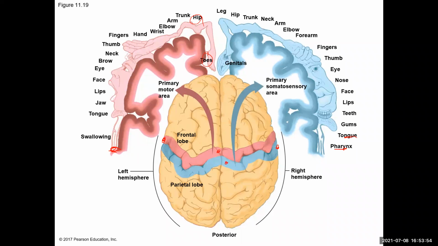And this area here is your leg, your hip, your trunk. This region is the head region: pharynx, tongue, gums, teeth, lips, face, nose. And this is your lower region, your abdomen region. It's interesting that different areas control different parts of the body, but there are also regions where different parts of the body are controlled as well. So pretty interesting figure there.